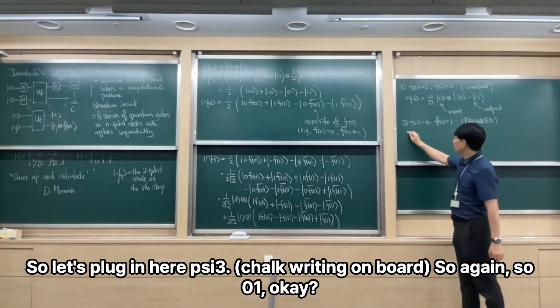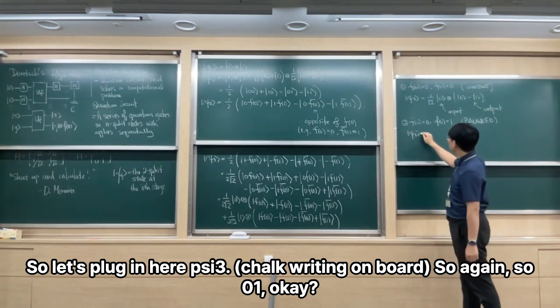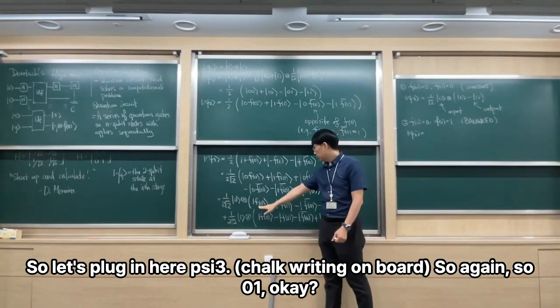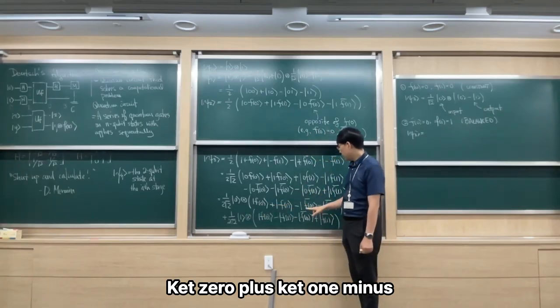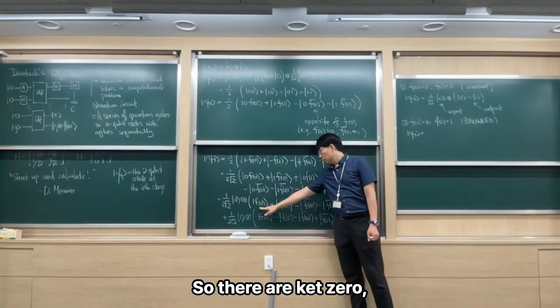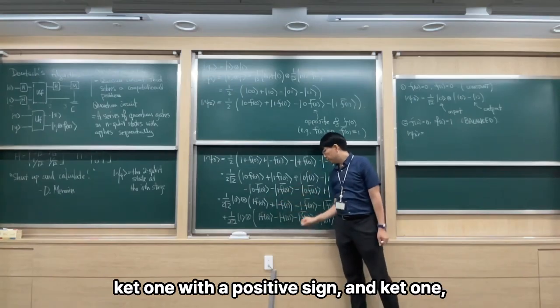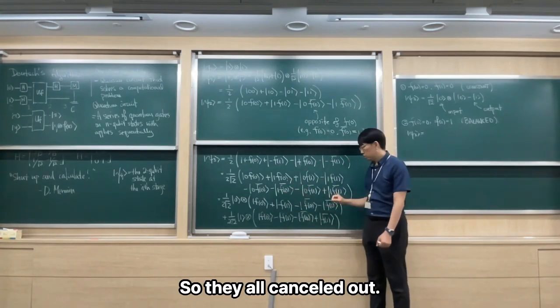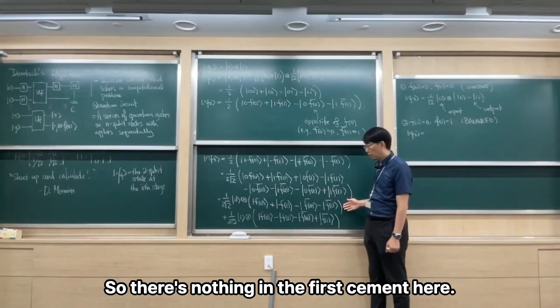So let's plug in here psi 3. So again, 0, 1, okay? |0⟩|0⟩ plus |0⟩|1⟩ minus |1⟩|1⟩ minus |1⟩|0⟩. So there are |0⟩ and |1⟩ with a positive sign, and |1⟩ and |0⟩ with the negative sign, so they all cancel out. So there's nothing in the first summand here.